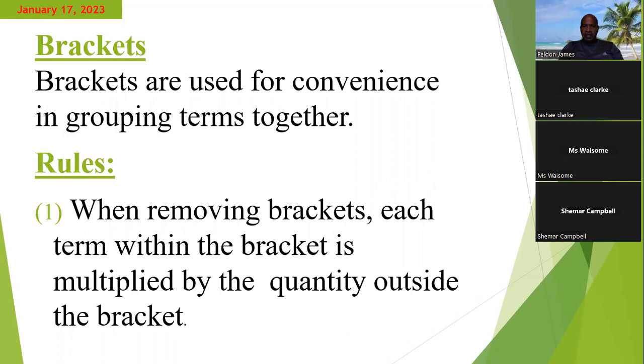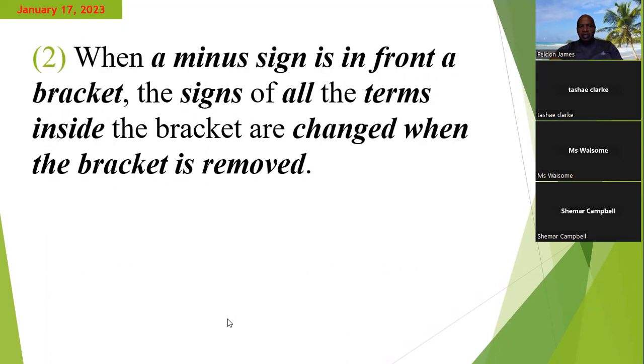So the first rule is saying, whatever you have in the bracket, multiply each of them by the term outside the bracket. So that's really the distributive law in a different way, right? All right, so that's rule one.